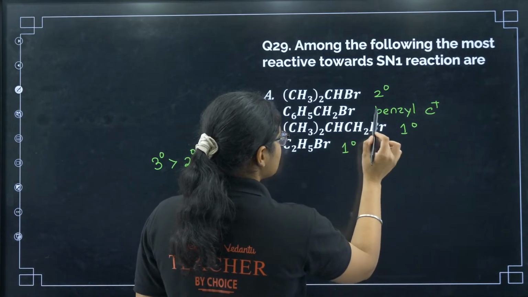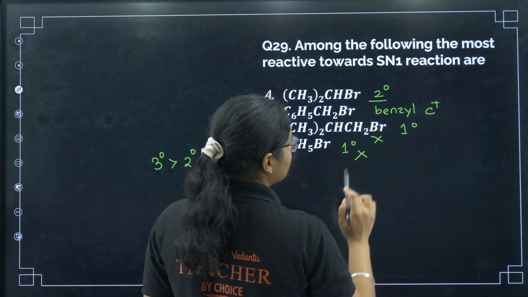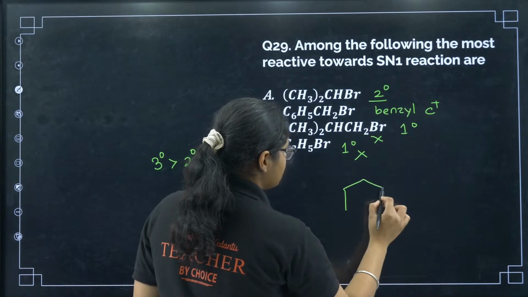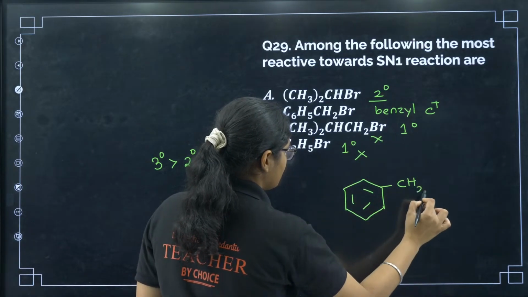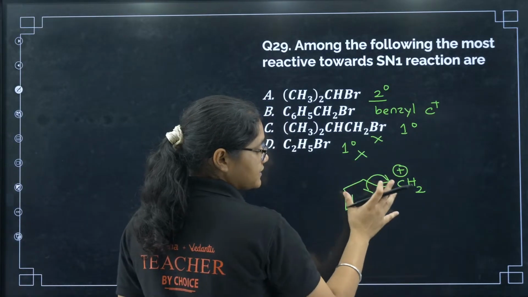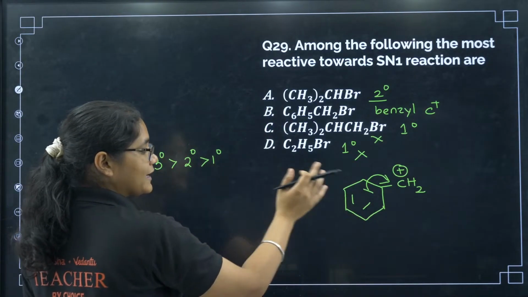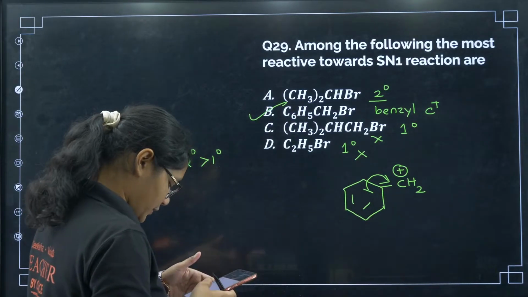So we can eliminate these two primary ones, leaving secondary and benzyl carbocation. The benzyl carbocation is highly stable because of resonance. Because a stable carbocation is formed here, reactivity will be more here. So option number B.